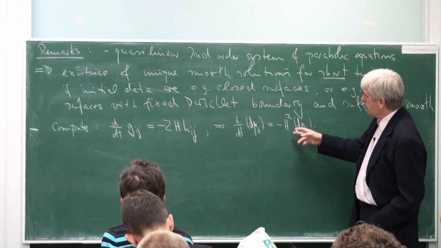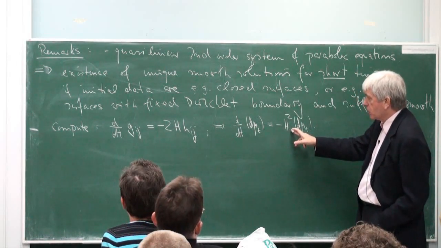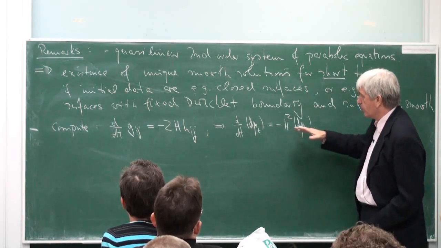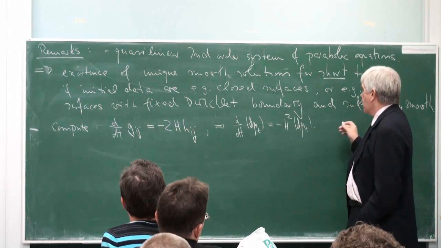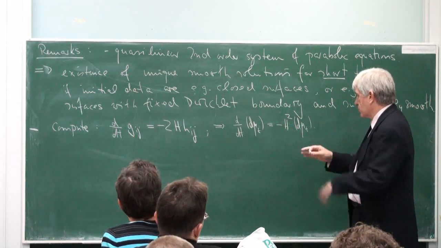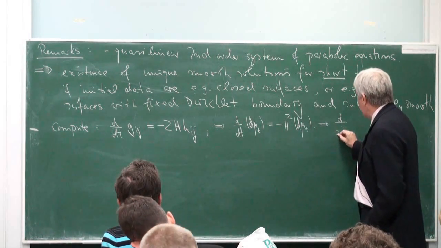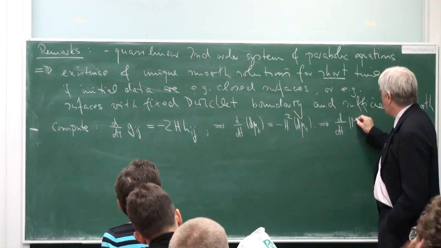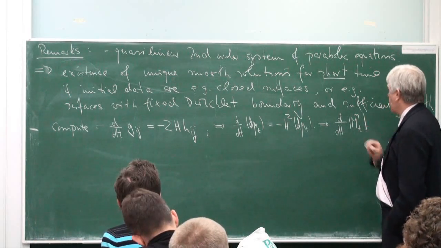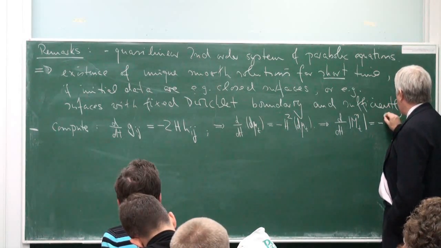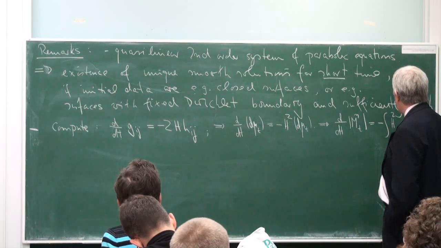In our case, the speed in normal direction is the mean curvature. So the first variation of area tells you this formula, which means that for surface with finite area, it means that the total area of the surface is always decreasing. You get minus integral h squared d mu.